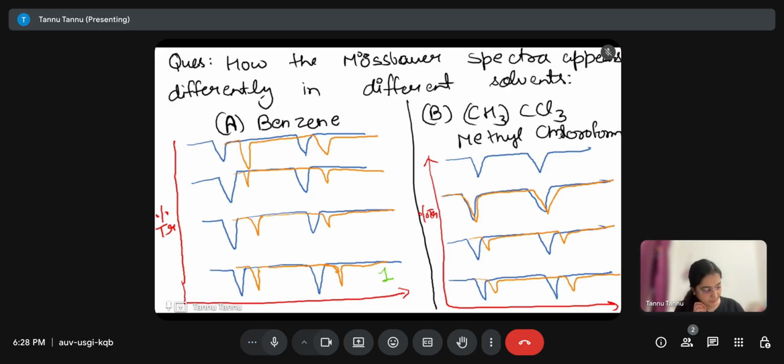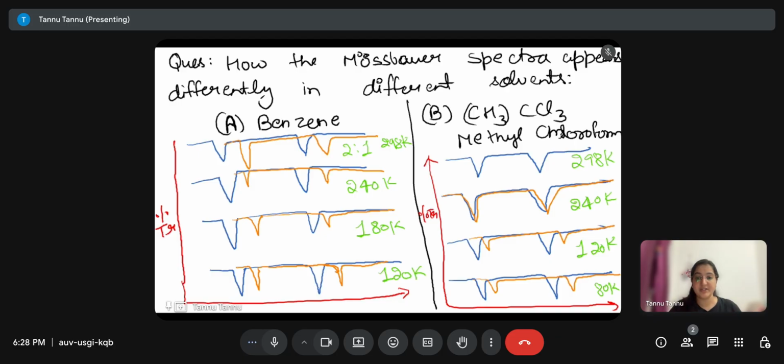So this is at 120 Kelvin, 180 Kelvin, 240 Kelvin, and this is 2 is to 1 on 298 Kelvin. Similarly, this is at 80 Kelvin, this is at 120 Kelvin, 240 Kelvin, and 298 Kelvin.